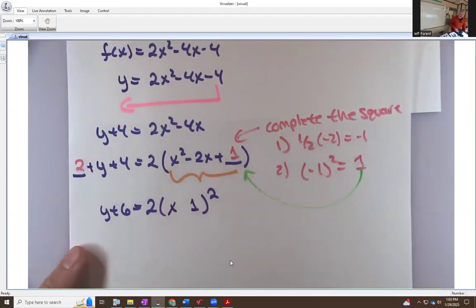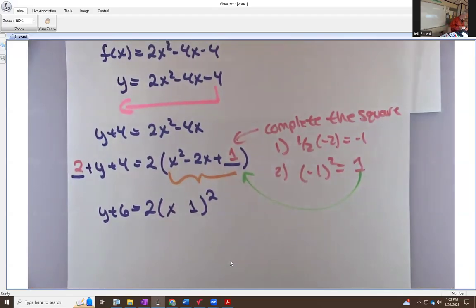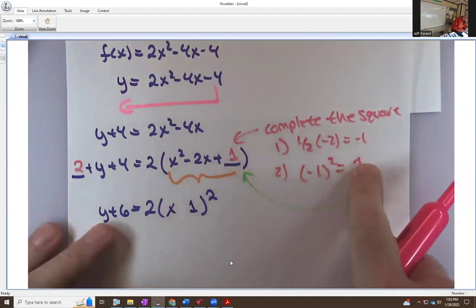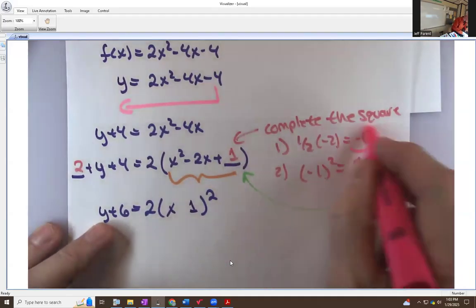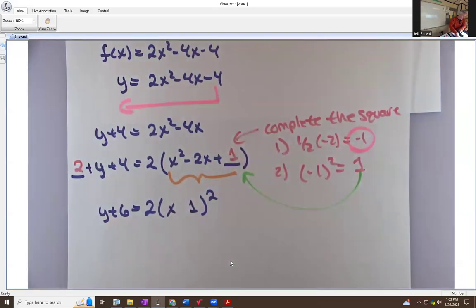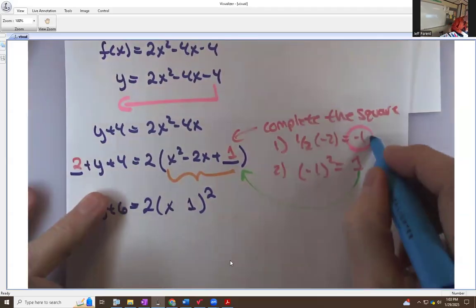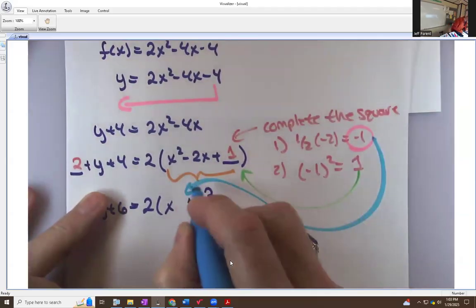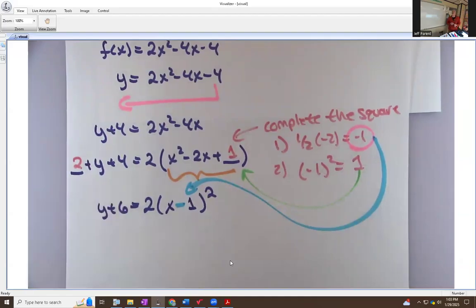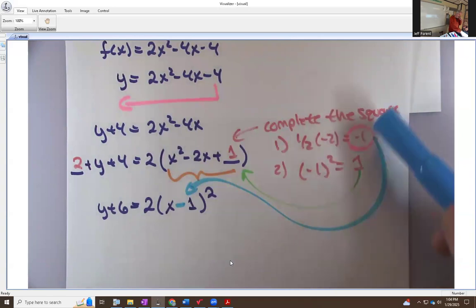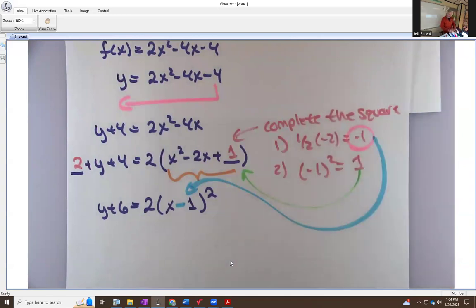The trick when you're completing the square here is that this number goes here, and this number is going to go here. So it'll be a -1. So x -1. You use both of these numbers that you get in this little side step, and you've completed the square.